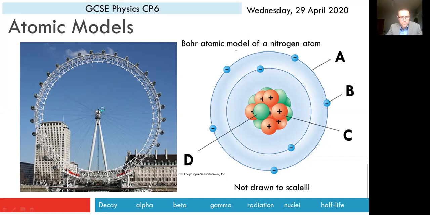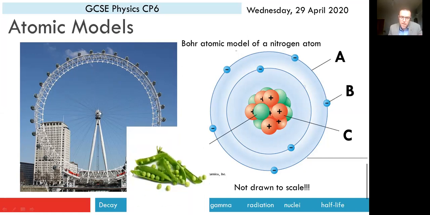I'll tell you. The nucleus would be the size of a garden pea. So the nucleus is hugely smaller. It's very, very much smaller than the atom itself.